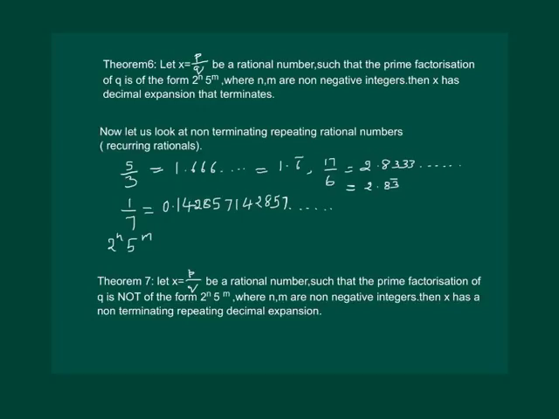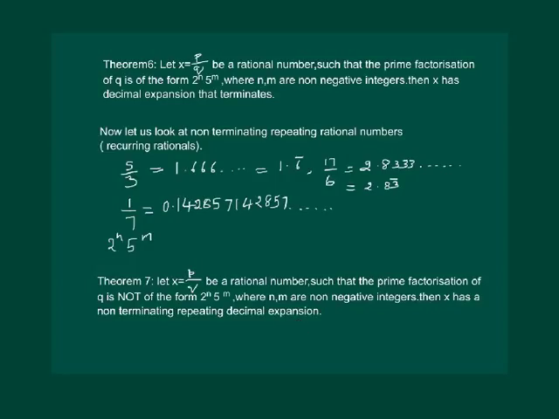This brings us to theorem 7, which says that let x equal to p by q be a rational number such that the prime factorization of q is not of the form 2 power n 5 power m, where n and m are non-negative integers, then x has non-terminating repeating decimal expansion.